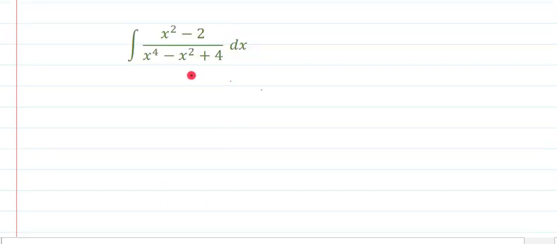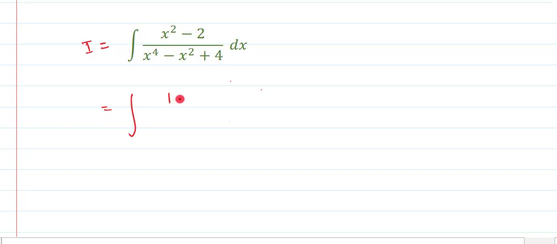Here is the second problem in front of you. Again the same type, quadratic upon biquadratic. So first of all, let us name this as I. The first step now is to divide numerator and denominator by x square. So let us apply.